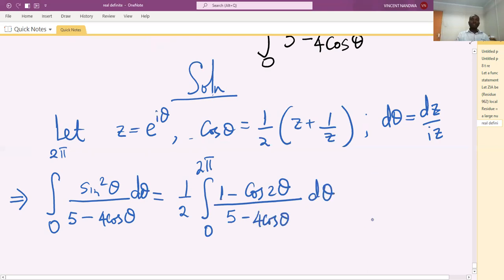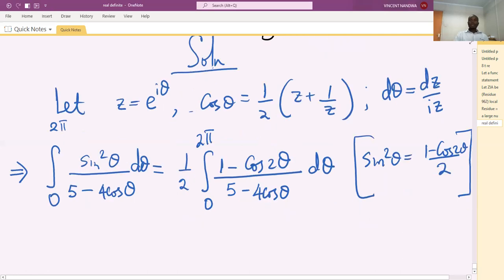Please note that sine squared theta gives 1 minus cos 2 theta over 2. So that's why we have cos 2 theta and we have factored out the half.